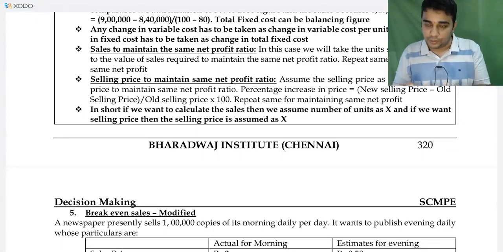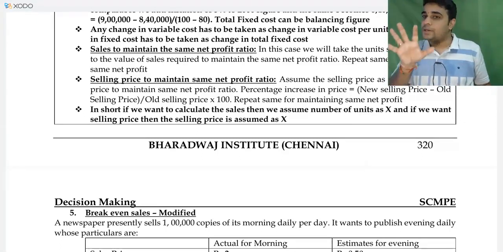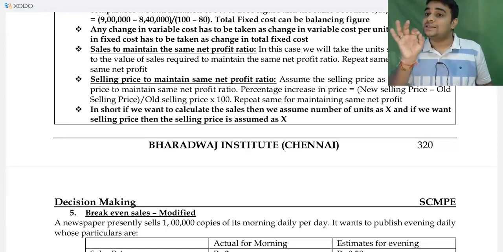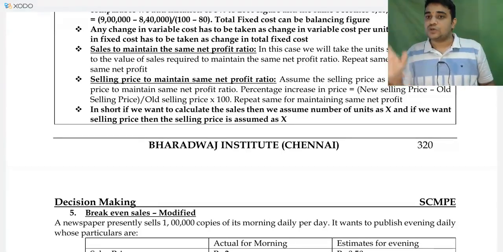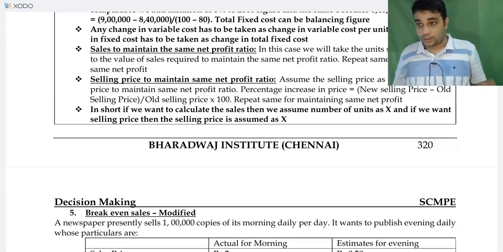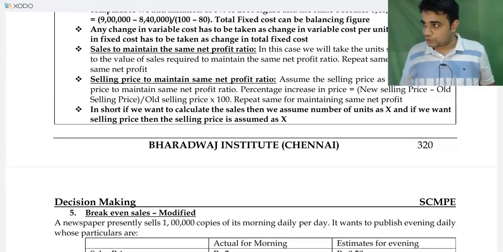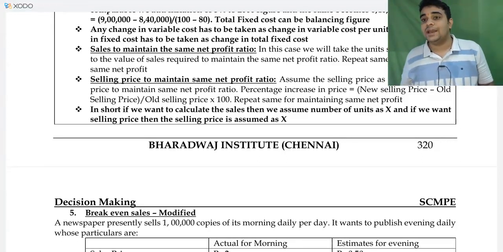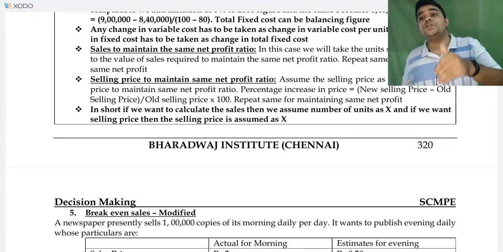In this scenario, the relevant opportunity cost is considered to be a variable cost. Whatever contribution you are making on the existing product is treated as an opportunity variable cost.